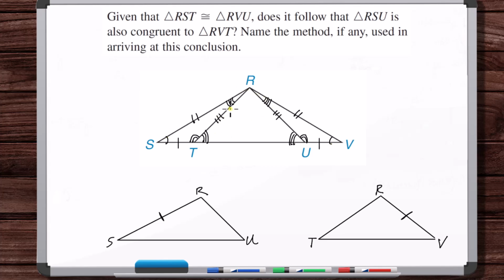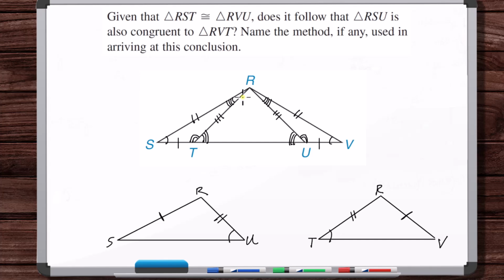And now the triple dashes, RT is congruent to RU, right? What else do we have? So RTV, this angle is congruent to RUS, this angle.